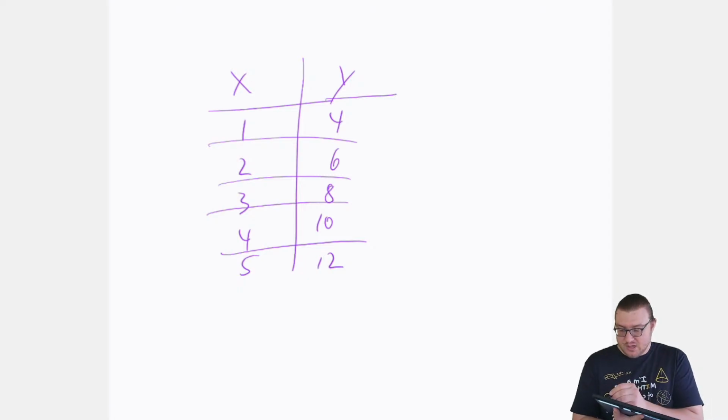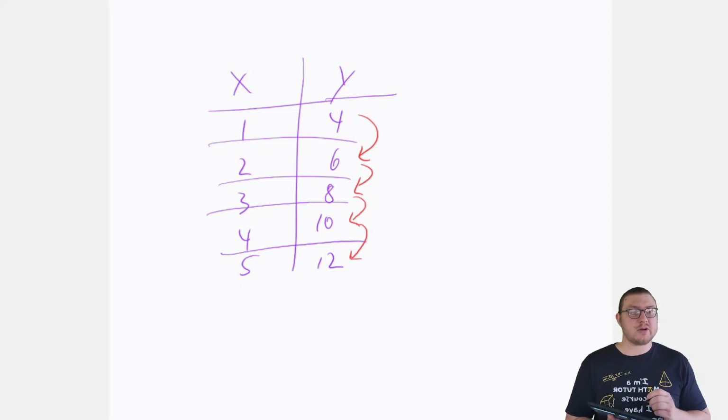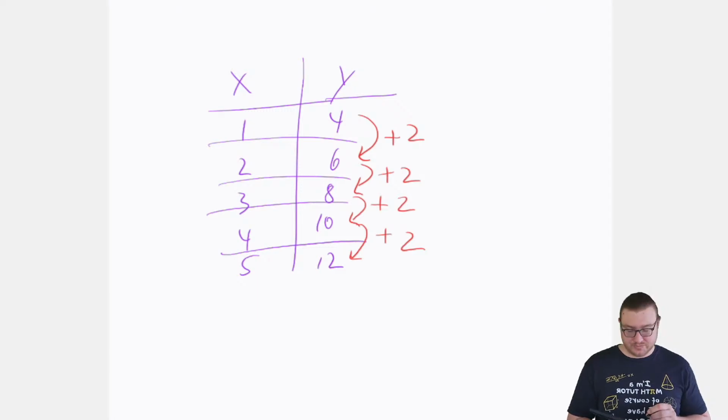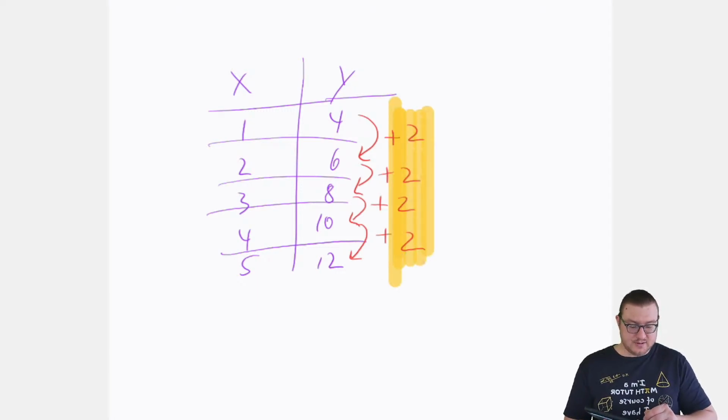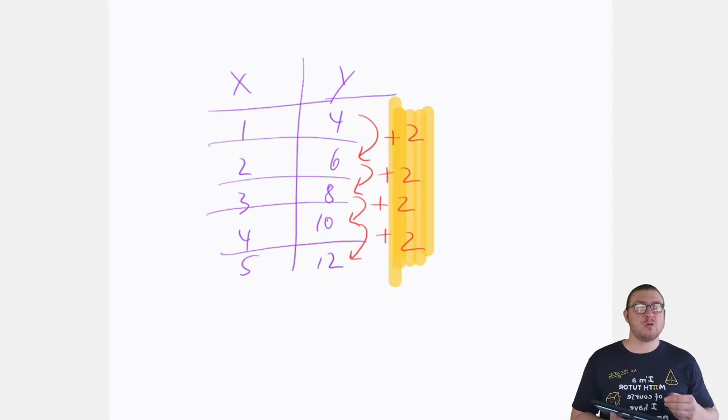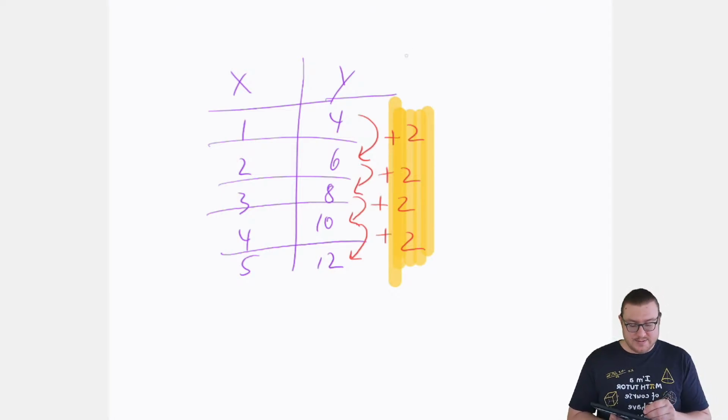So what I always check is the Y value and I write these arrows pointing from one to the other. Well, how do I get from 4 to 6? It's plus 2. From 6 to 8 is plus 2. From 8 to 10, plus 2, and so on. This is what we call the first difference. If the first difference is always the same number, we have a straight line.